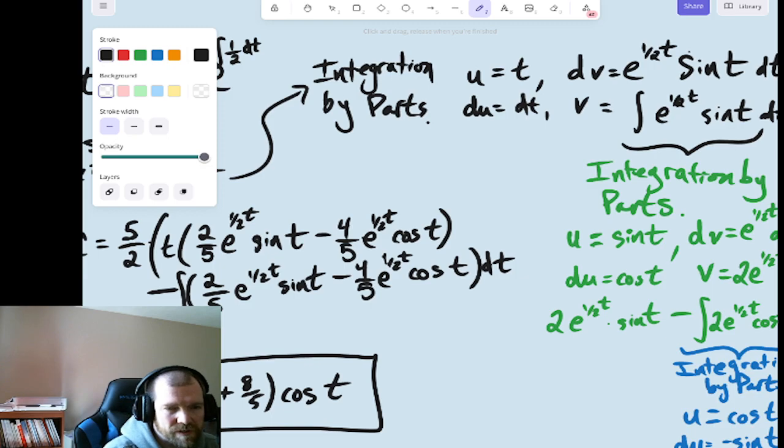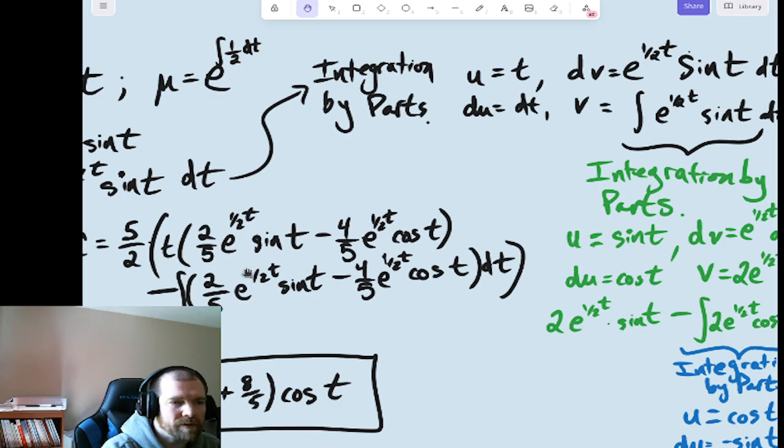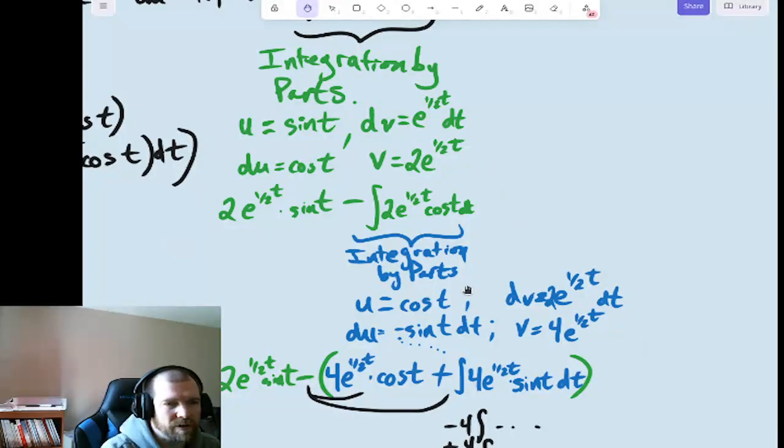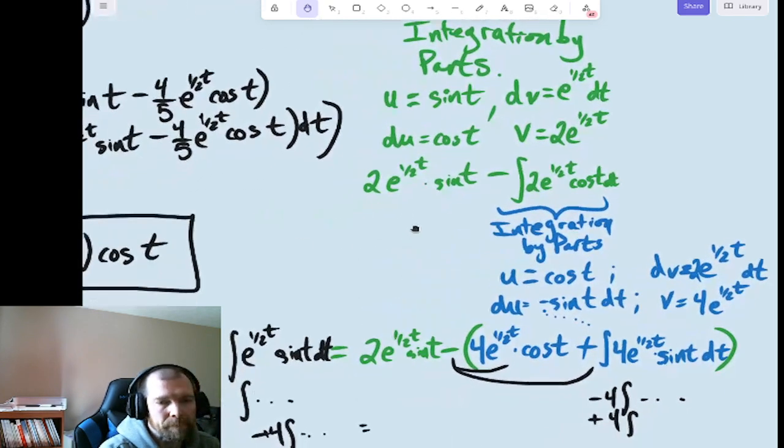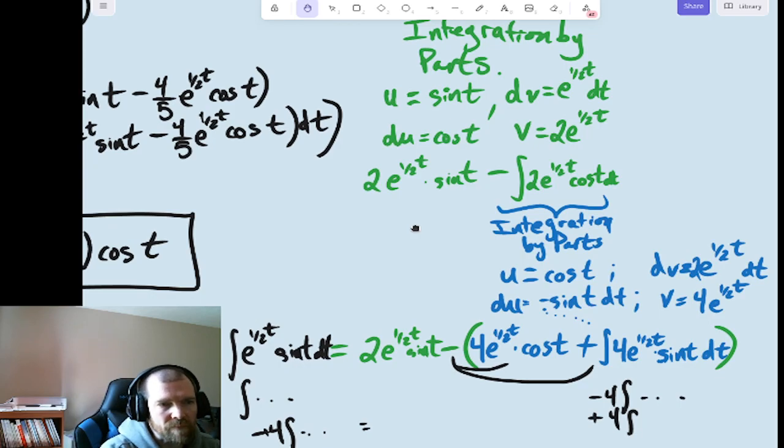Alright, that closes that set of brackets, and then we have to look at, oh no, we have to do more integrals of these things, but we already did them, right, they're here. So we don't have to worry too hard about it. Let's see, the integral of e to the 1/2 t cosine of t dt is going to be, factor out a 2, we just get 2 e to the 1/2 t cosine of t plus, nope, sorry, minus, sorry, that's a plus.